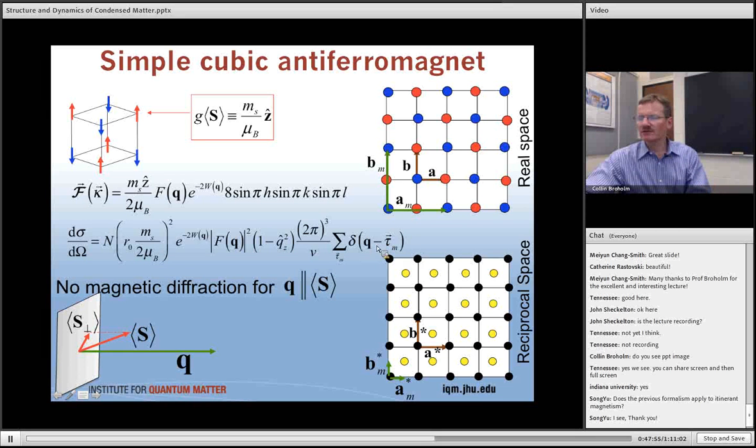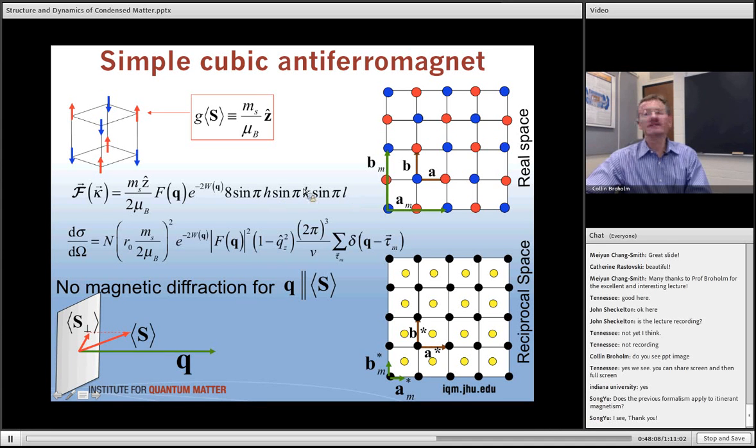However, the structure factor, which is listed up here, actually vanishes because it's only finite when none of these h, k, l is an integer. When any of those is an integer, then you'll get sine of an integer times pi, which vanishes. So that will really kill the magnetic intensity at that point.